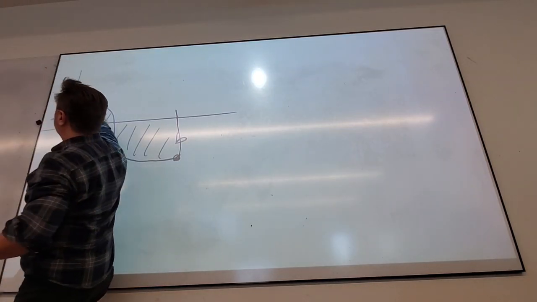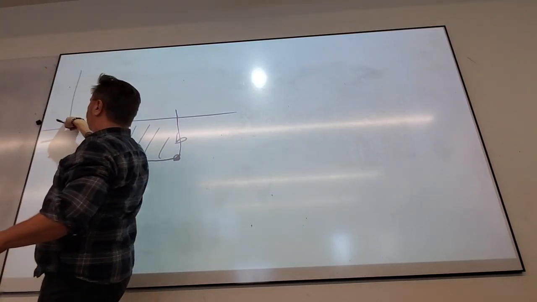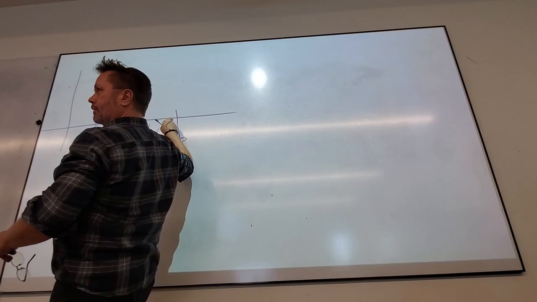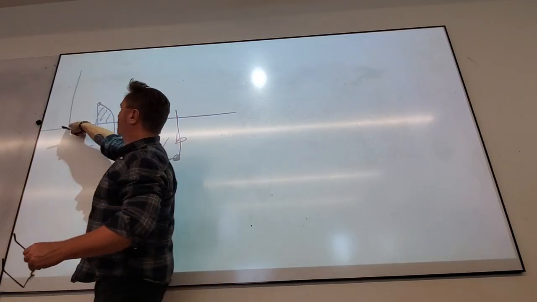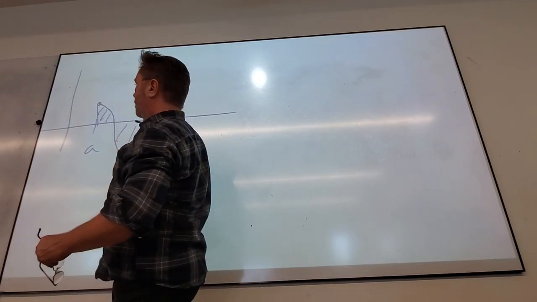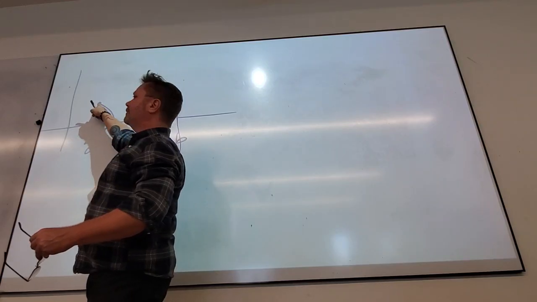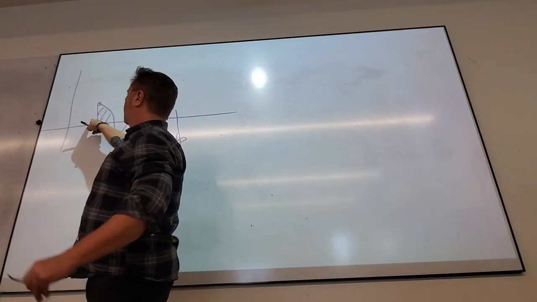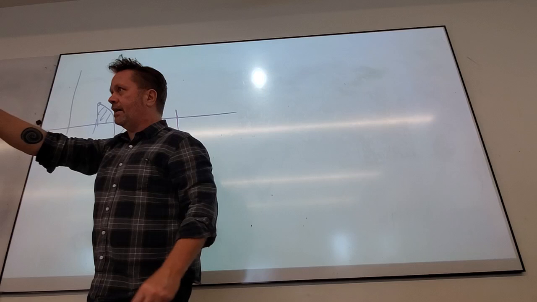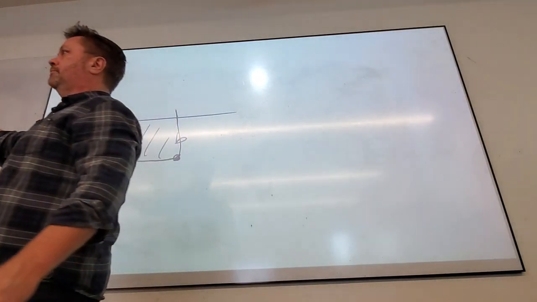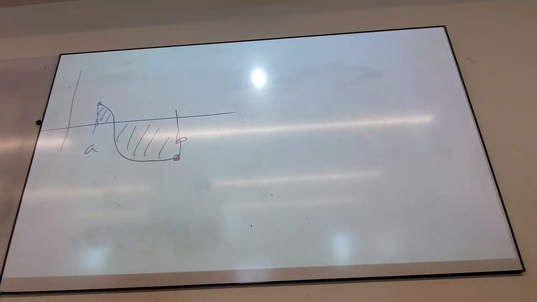If this is velocity and this is time, you with me? If this is velocity and this is time, what does it mean when I find the area? I would be doing height, which is velocity, times width, which is time. What's velocity times time?